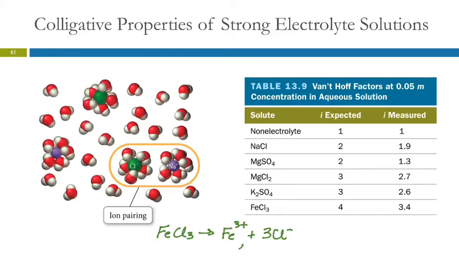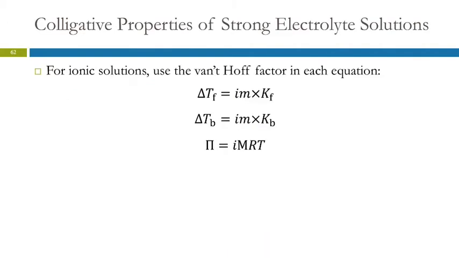So that's 4 moles of particles from 1 mole of formula units. So we would expect this factor to be 4/1. When it's actually measured, it's 3.4 because of ion pairing.